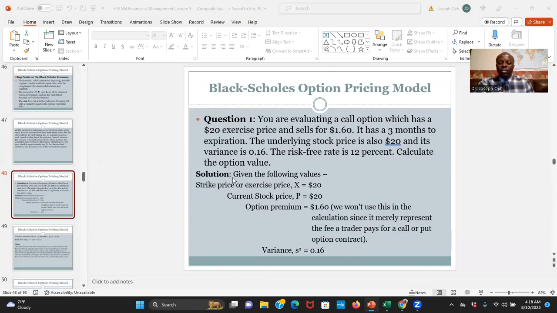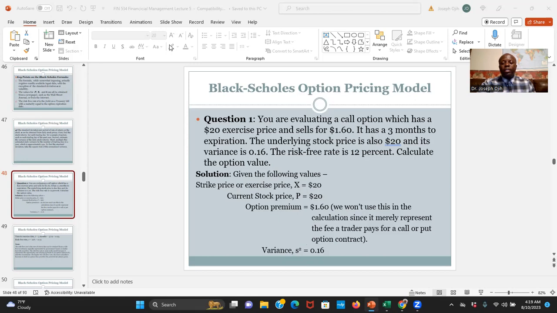So look at the values we are given. Strike price, exercise price is $20. Current stock price is $20. Option premium, which we don't use in the calculation, but we use it to compare our answer and make a decision or analysis based on that. Then variance is 0.16.